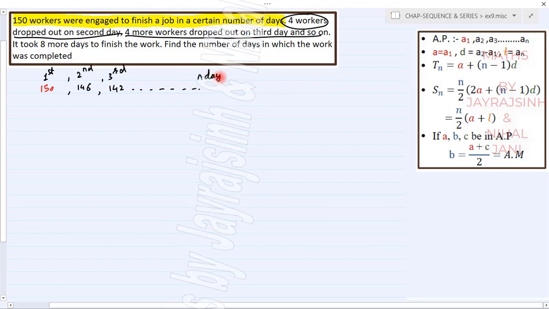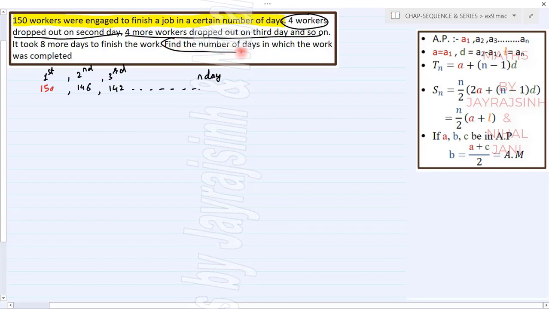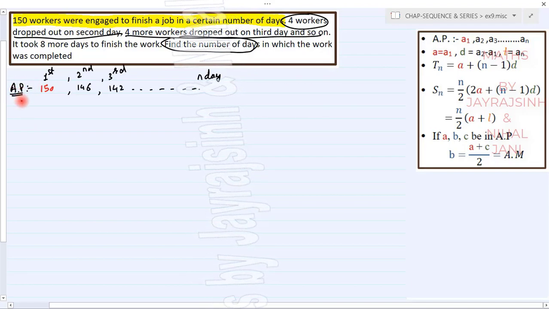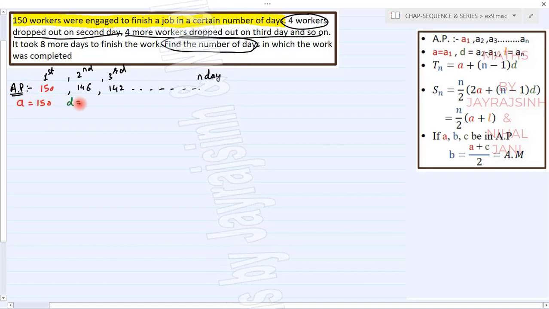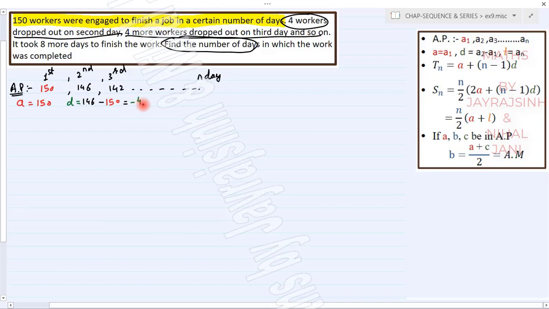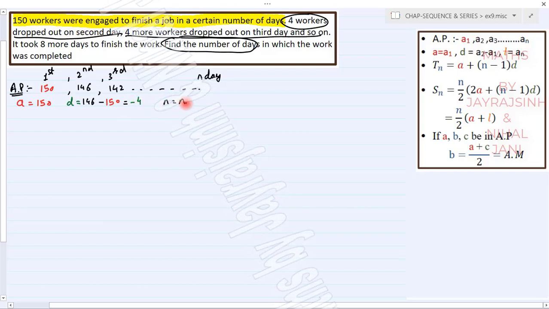Now it took 8 more days to finish the work and we have to find the number of days, which is n. As you can see, the sequence is an arithmetic progression where the first term is 150, the common difference between the second term and first term is -4, and the number of terms is n.